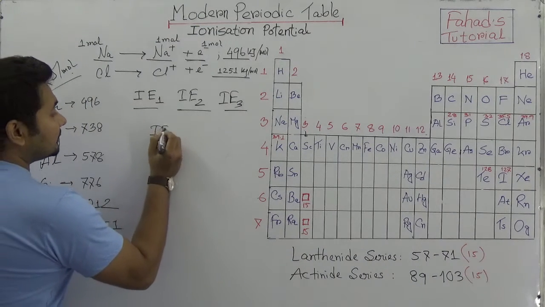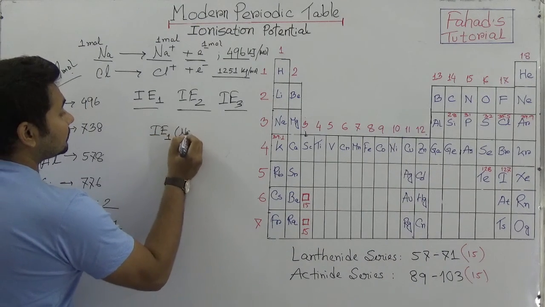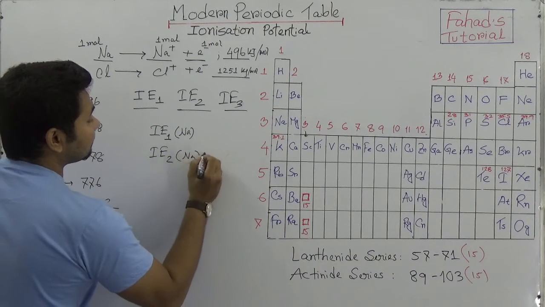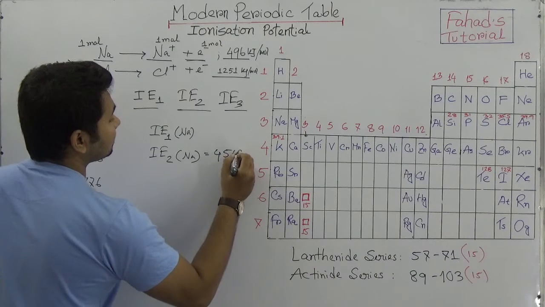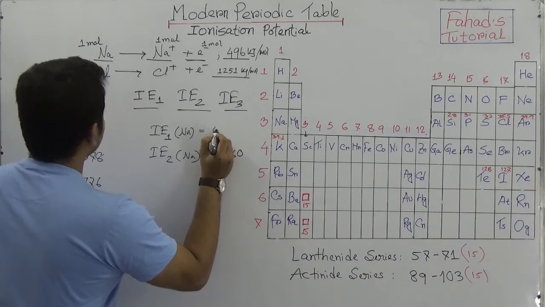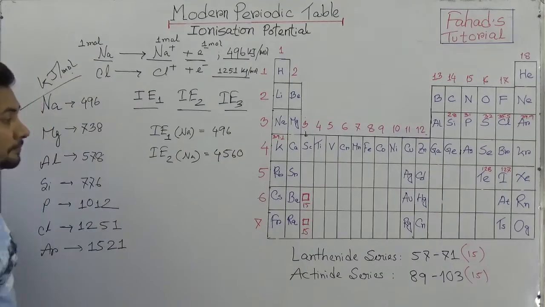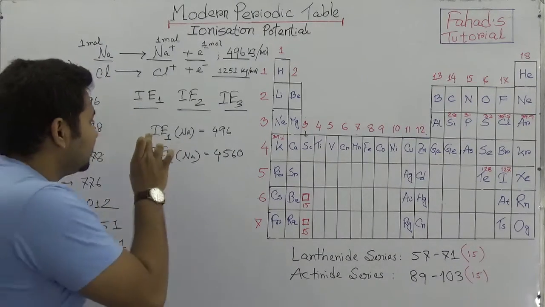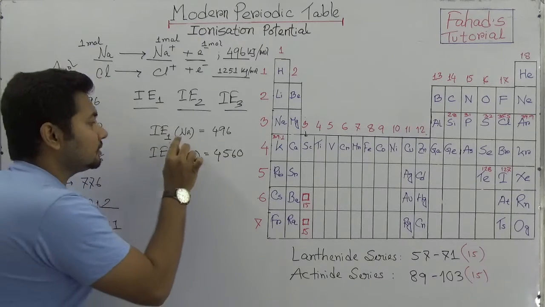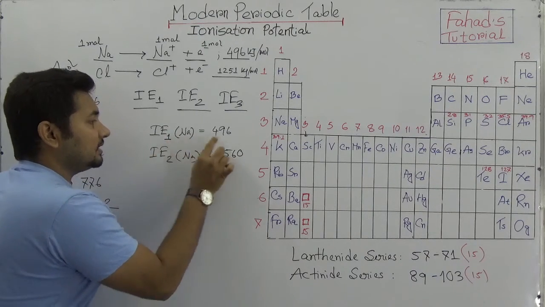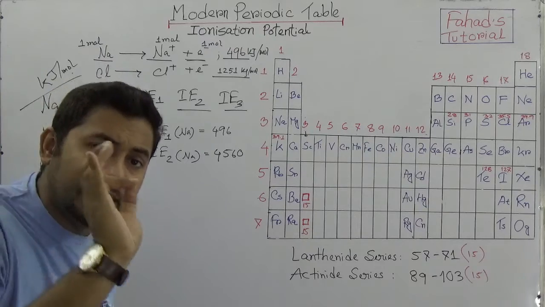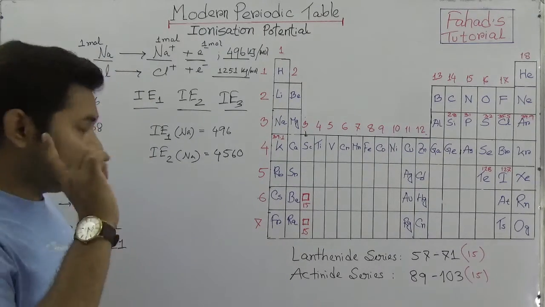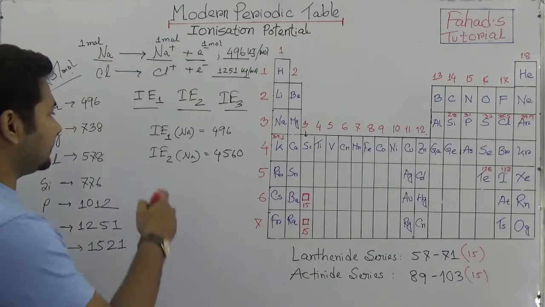Ionization energy 1 of sodium is 496, and ionization energy 2 of sodium is 4560. Now I just want to give you something deeper. Why is the sodium first ionization energy so much less than the second ionization energy?